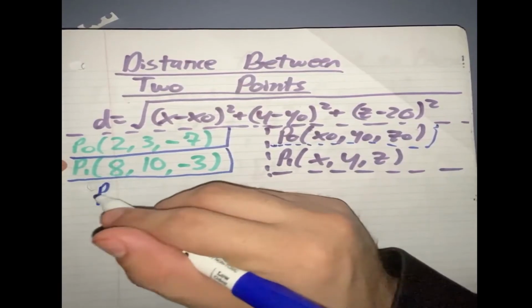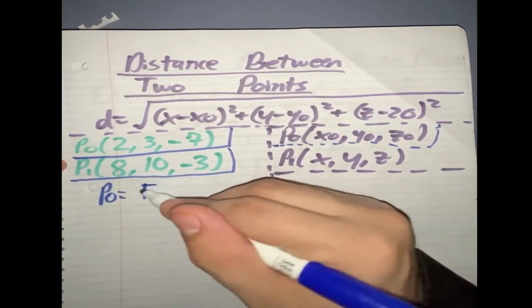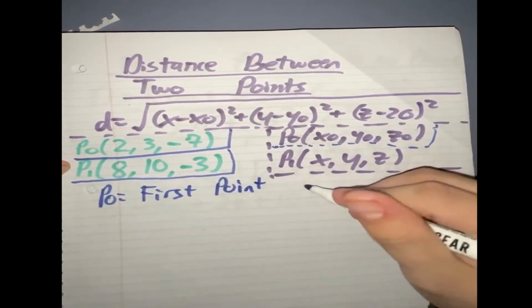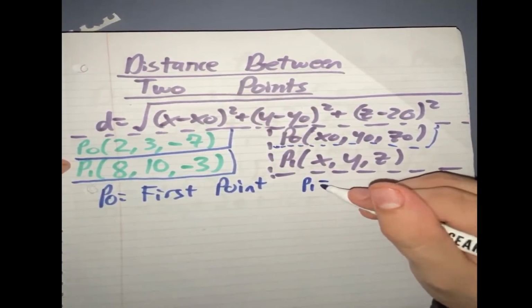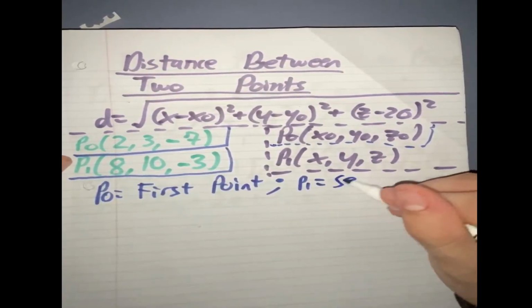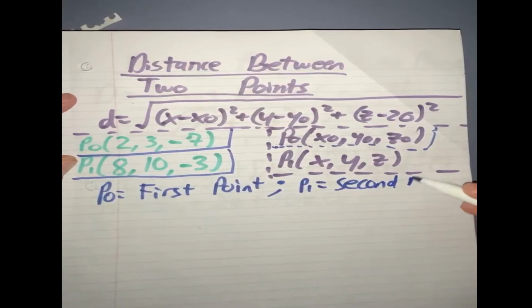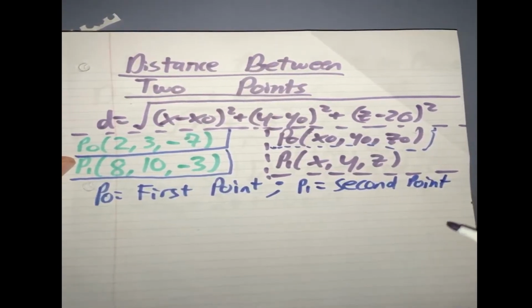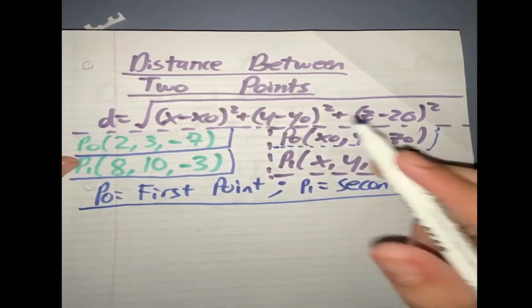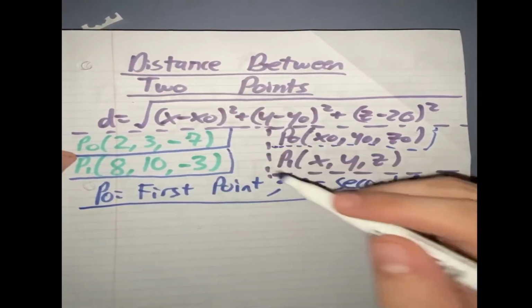So P naught is your first point, and P1 is equal to your second point. So from here, what you want to do is you want to identify what to plug in where.